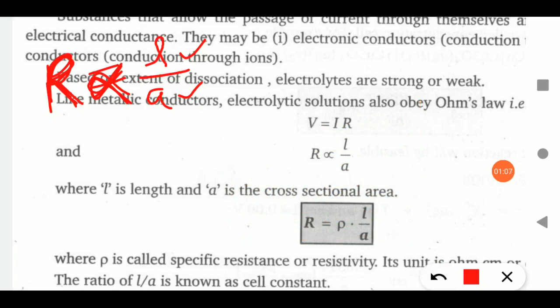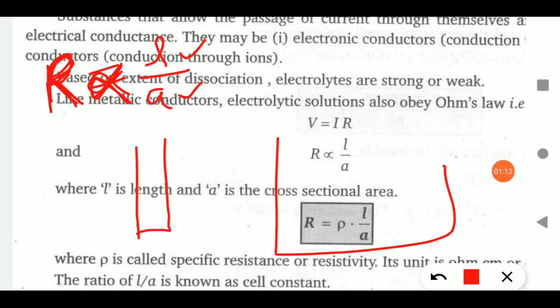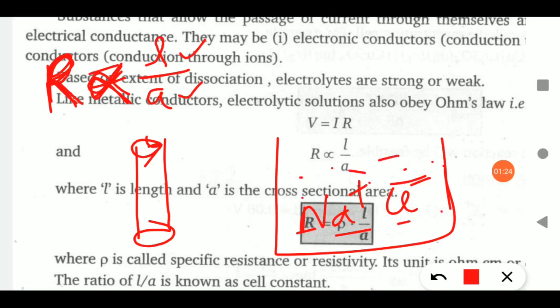Generally we use a cell like this to determine the conductance of a solution. Suppose this is a solution of sodium chloride, where sodium and chloride ions are moving in the solution. In sodium chloride, sodium ions and chloride ions are responsible for the conductance. So how will we measure its conductance?